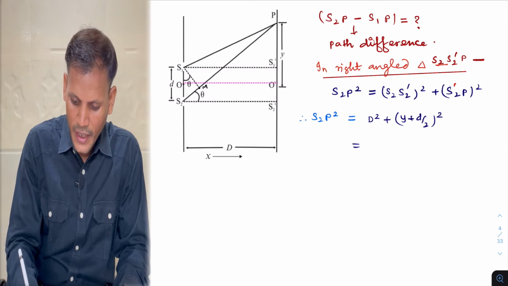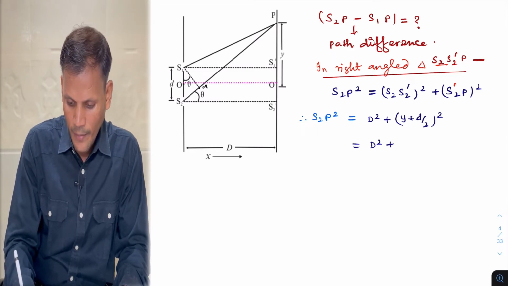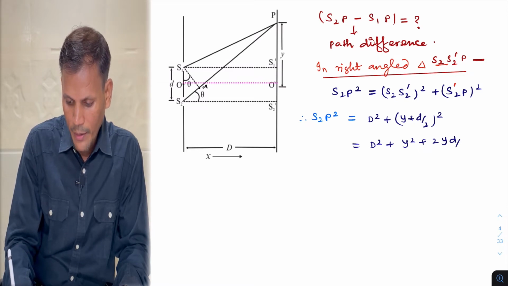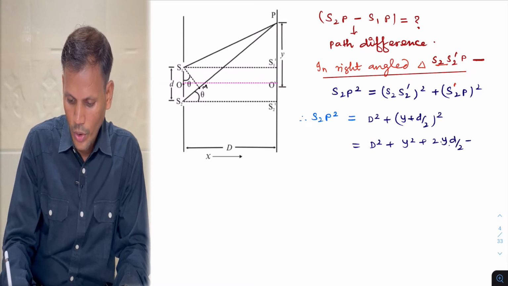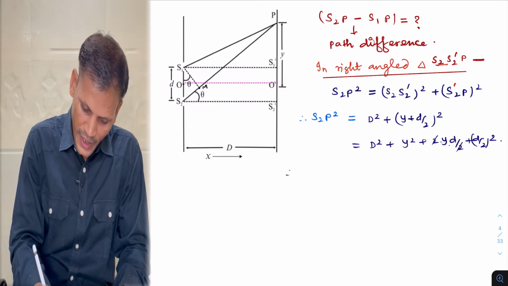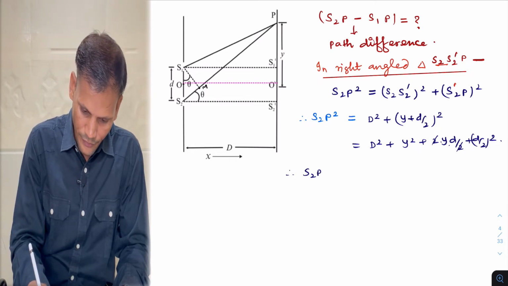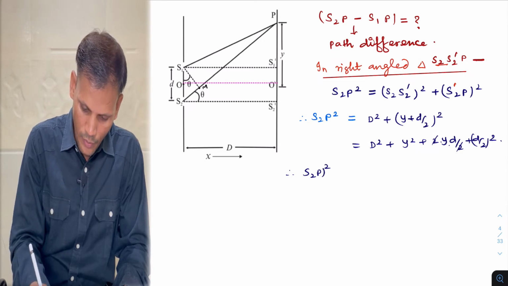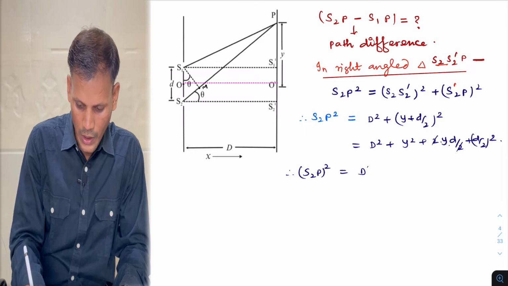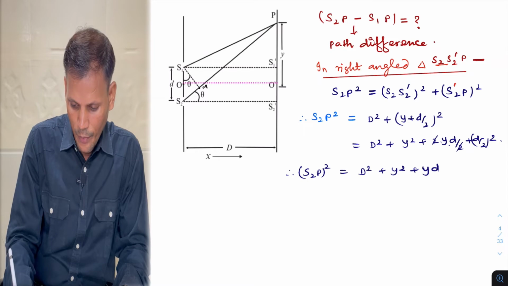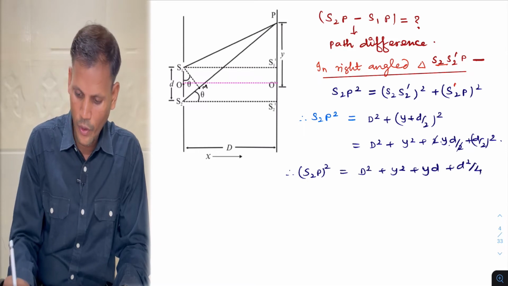We will expand it, so we get D square plus Y square plus 2Y into D by 2 plus D by 2 to the whole square. This 2 and 2 get cancelled, so we are getting S2p square is equals to D square plus Y square plus YD plus D square by 4.